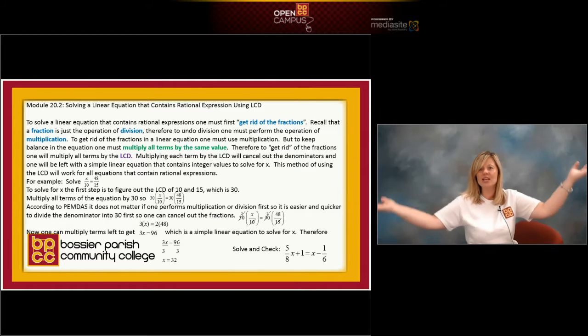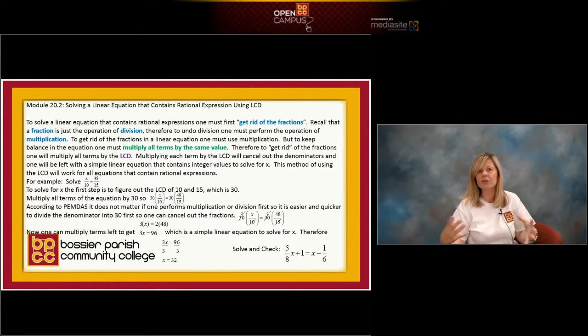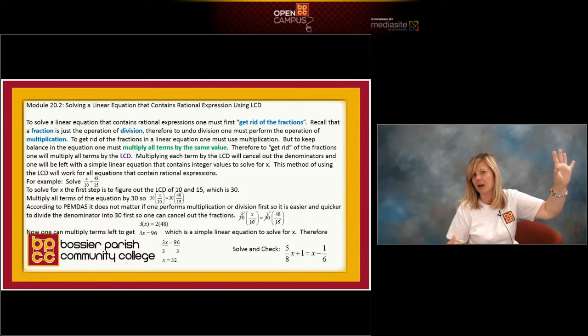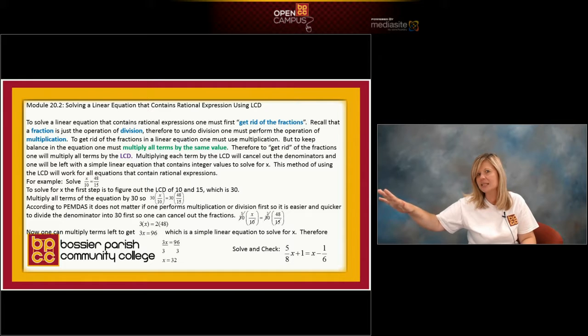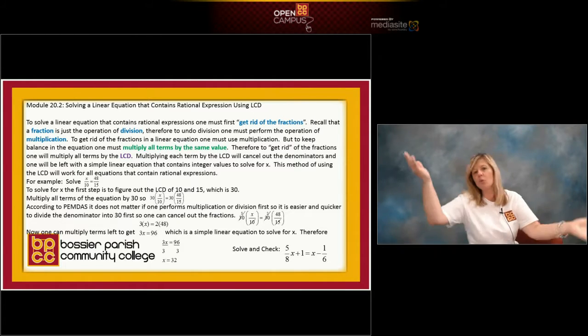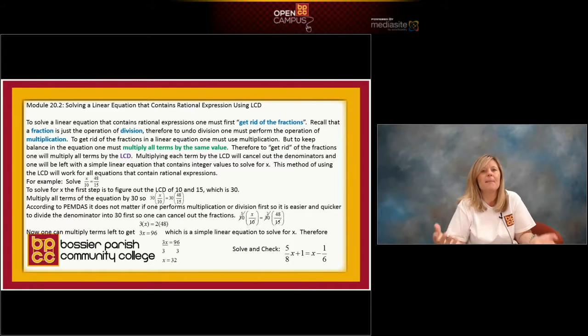Remember, an equation is a balance. So think about this. Could I take the left side of the equation and multiply it by 4 and take the right side of the equation and multiply it by 2? No, because it wouldn't be balanced. Think about making a recipe. Does it make sense if you have a recipe, if you double the eggs, you automatically quadruple the sugar?